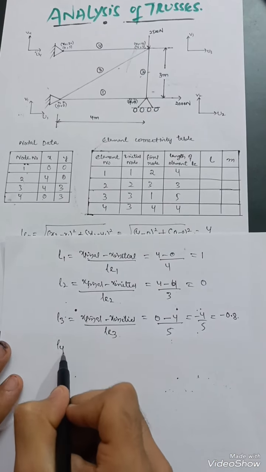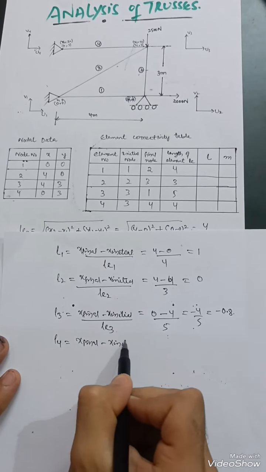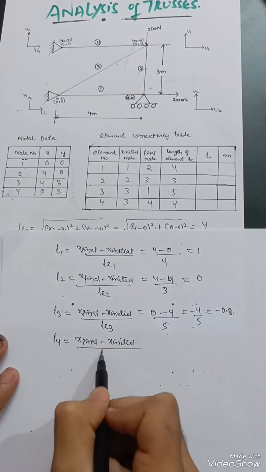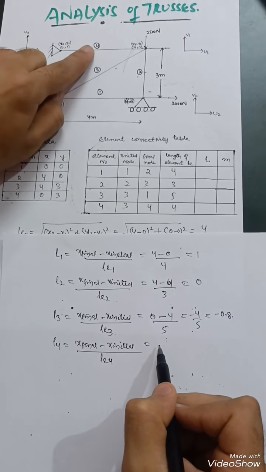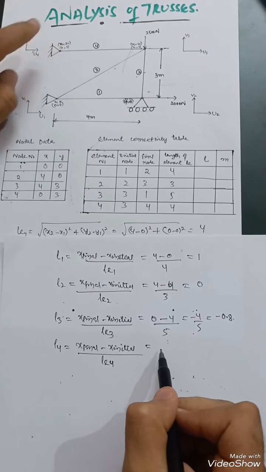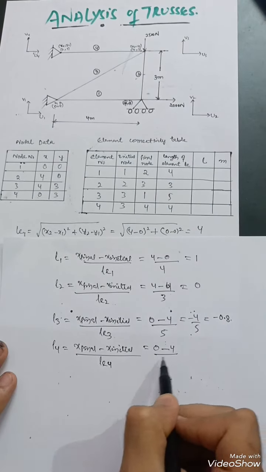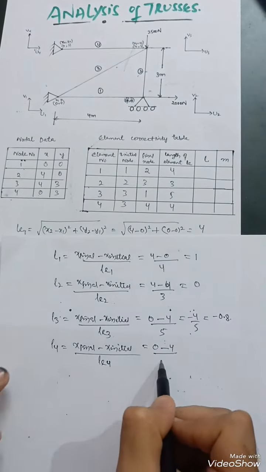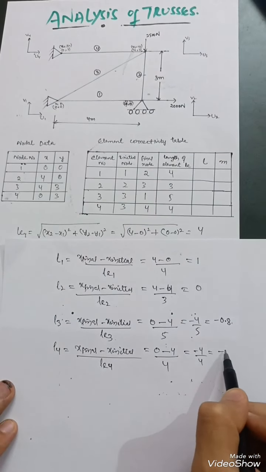Then L4, which will be equal to x final minus x initial divided by LE4, which will be equal to, for fourth element, x final is 0 minus x initial is 4 upon LE4, that is 4 over here, which will be equal to minus 4 upon 4, which will be equal to minus 1.